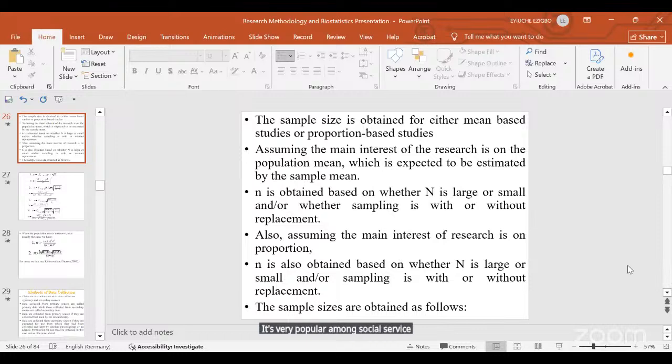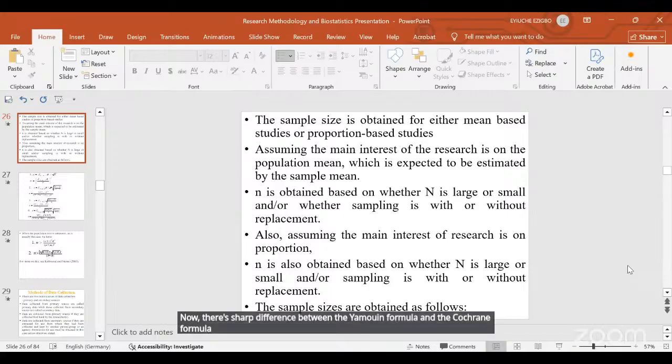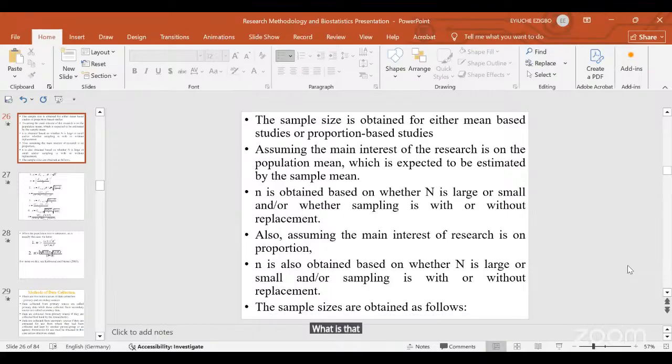I still will not be able to project the formula, but there is a sharp difference between the Yamane formula and the Cochrane formula. What is that difference? The Yamane formula will require the knowledge of the population size before you can use it. Do you understand that?